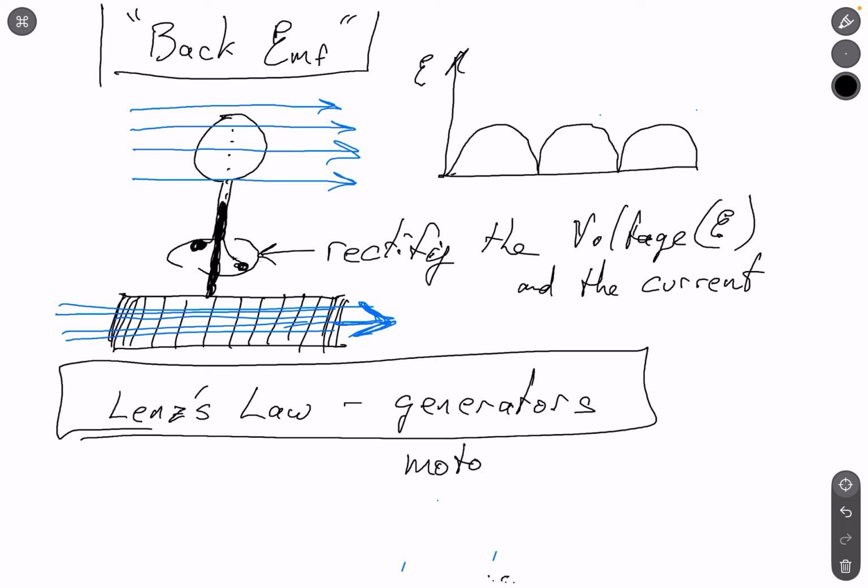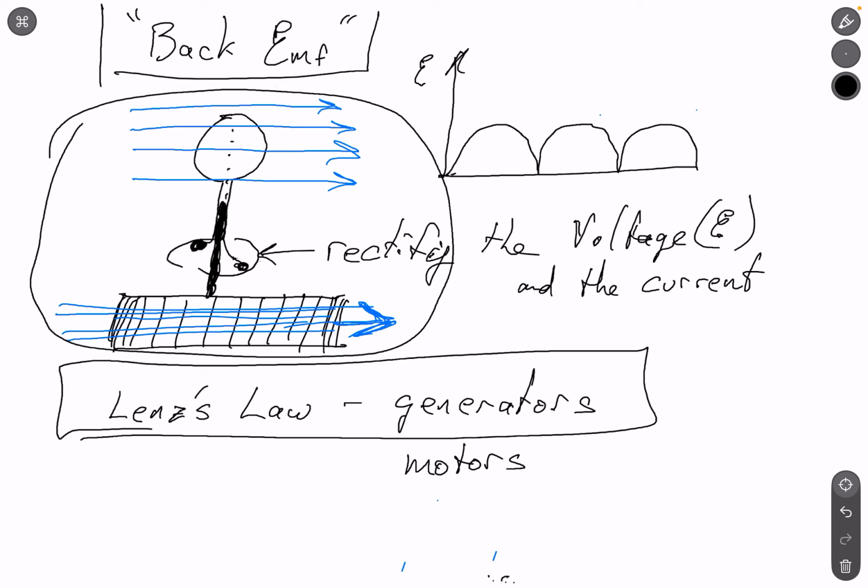Motors are the opposite of generators. It's the same mechanism. Okay, the same mechanism. It's just that the motor takes this and makes your car wheels move.